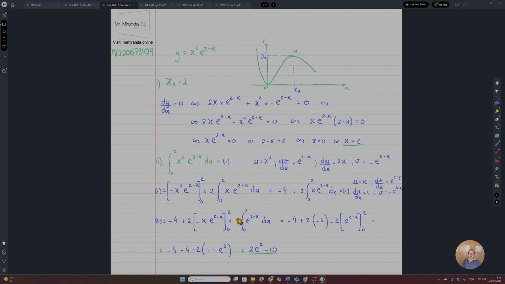I already put outside the minus 2, which multiplied by the other minus makes a plus. Then it's just a matter of integrating this, which is simple, between 0 and 2, substituting and getting the value. The only complexity of this question is that you will have to use this method twice in the same resolution of the integral.